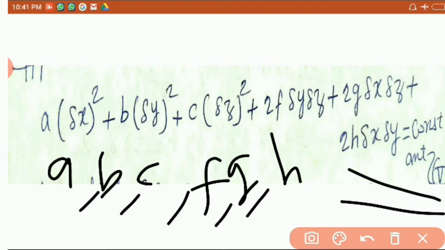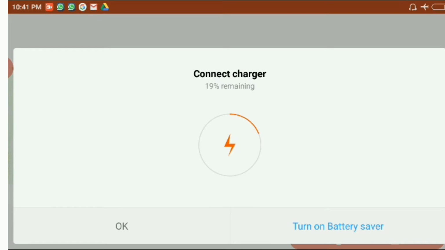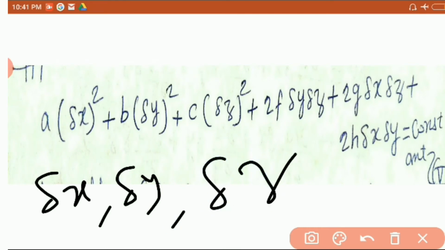This equation 5 is a quadratic whose center is P, and then partial differentiation of the LHS of this equation 5 with respect to delta x, delta y, and delta z confirms that the column vector of the RHS of equation 4 is a normal to the quadratic surface 5.